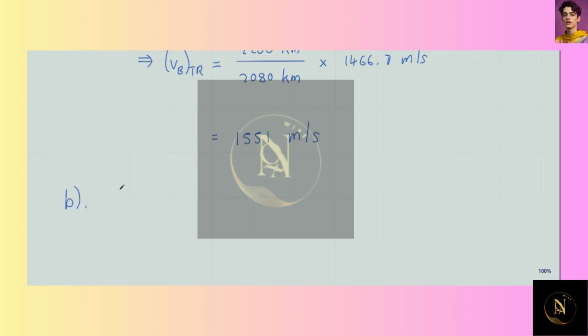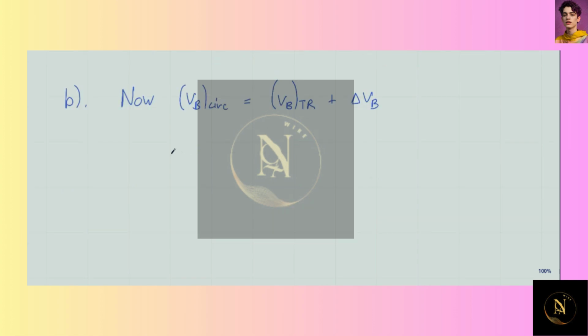Now we wish to calculate delta VB, where delta VB is the amount by which its speed should be reduced as it approaches point B to put it into the smaller orbit. We know that the circular speed of B, VB, is equal to its transfer velocity in its elliptical orbit, VB TR, plus delta VB, and we wish to solve for delta VB.